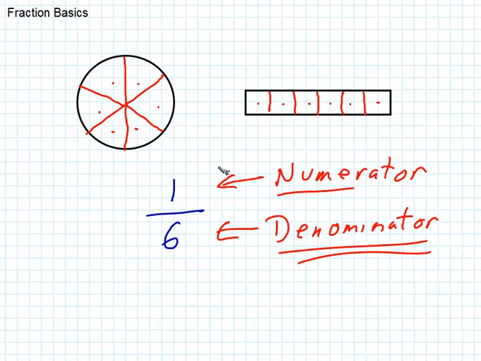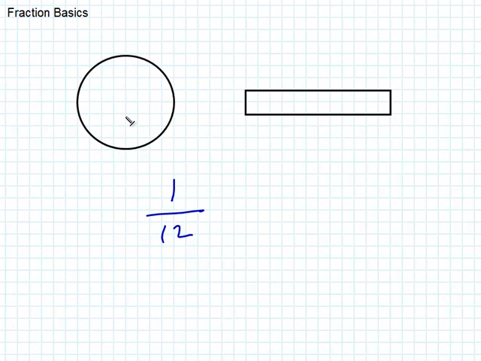Let's do one more. Let's go for twelfths. If you notice that 12 is 3 times 4, if I divide this into fourths and then divide each of the fourths into thirds, I come up with twelfths. So let's do that. So here's half, and then half of a half. There's a fourth. These are fourths. And each of these I'm going to divide into thirds, like that, and like that. And here we have twelfths.